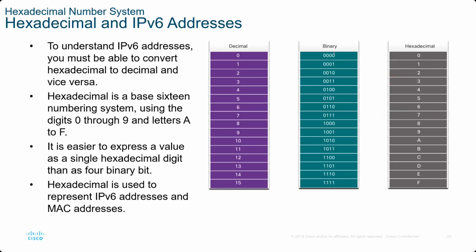If you just imagine that the first position is 1, the second position is 2, the third position is 4, the fourth position is 8. So 1, 2, 4, 8. So let's say if I want to see how the number 9 would look, I just have to look at these numbers. 8 plus 1 would be 9. So the first position should be 1, and the last position should be 1, and the middle 2 should be 0. So that would make it 8 plus 1, 9. And if you look at it, it is exactly like that.